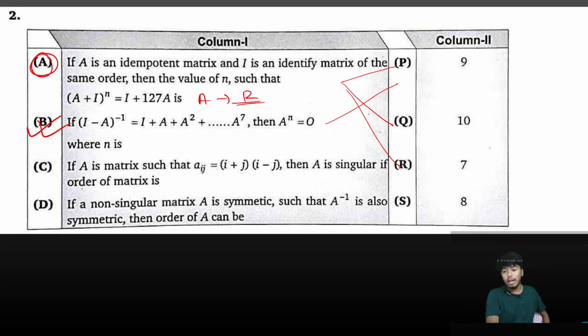It says that (I minus A) whole inverse equals I plus A plus A square plus up to A to the power 7. Then A to the power n equals 0, where n is? When will the value of A to the power n be 0?